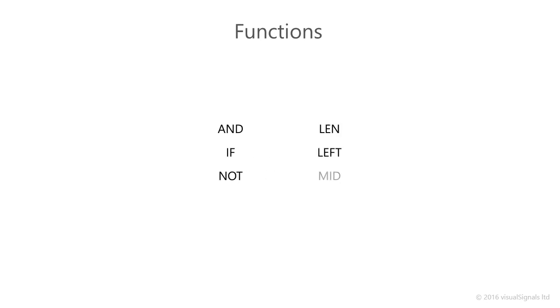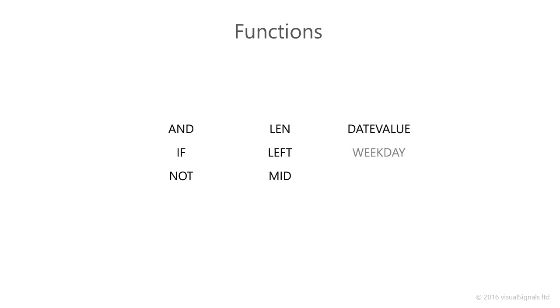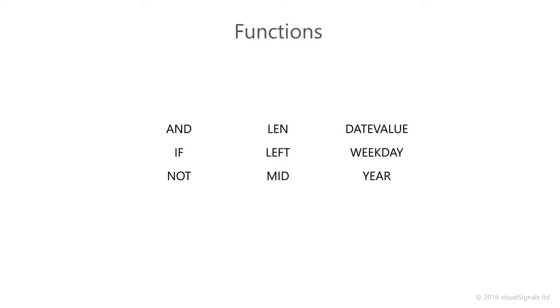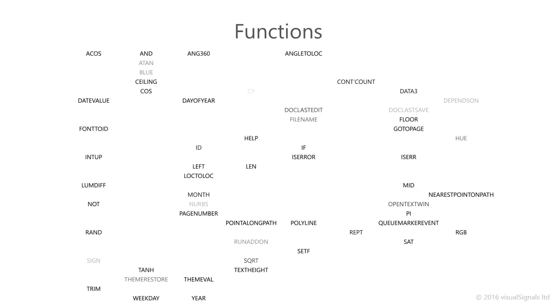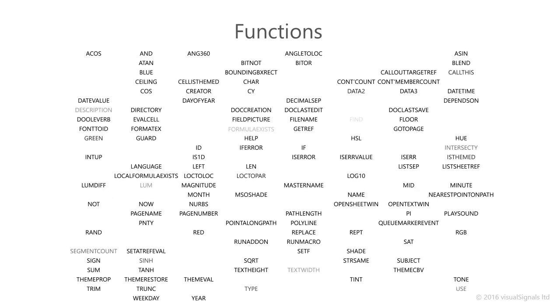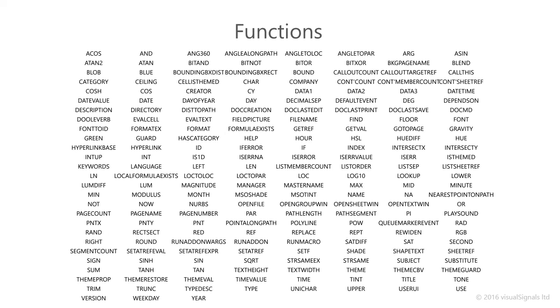Len, left, and mid allow you to manipulate strings and text, whilst date, value, week, day, and year allow you to calculate various date-time formulae. In addition to these shared functions, Visio also provides you with a range of Visio-specific functions, such as point-along-path, setF, and themeVal. In all, there are more than 200 shapesheet functions that help you build up powerful logic within your shapes.